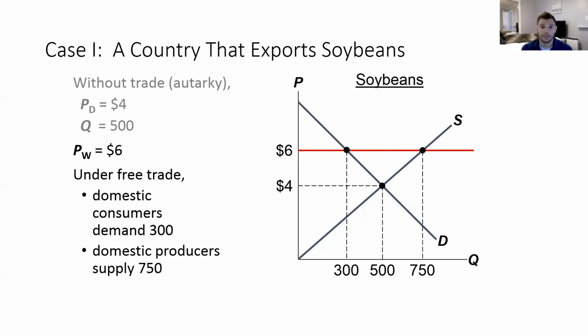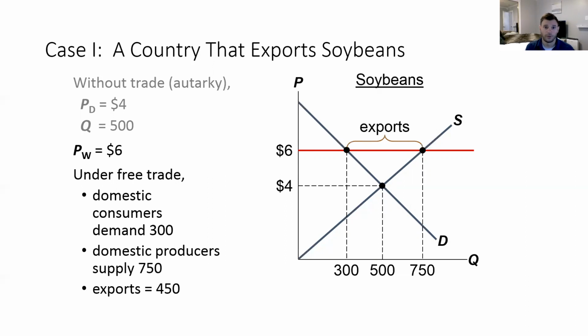Normally in the context of our competitive market model, this would cause a surplus of inventory, and we would observe downward pressure on that price from 6 down towards 4. However, in this model, there is not a surplus that builds up. Domestic consumers buy 300, the sellers supply 750. The difference between those, rather than being a surplus of inventory, gets sold in the international market and defines the size of the exports.